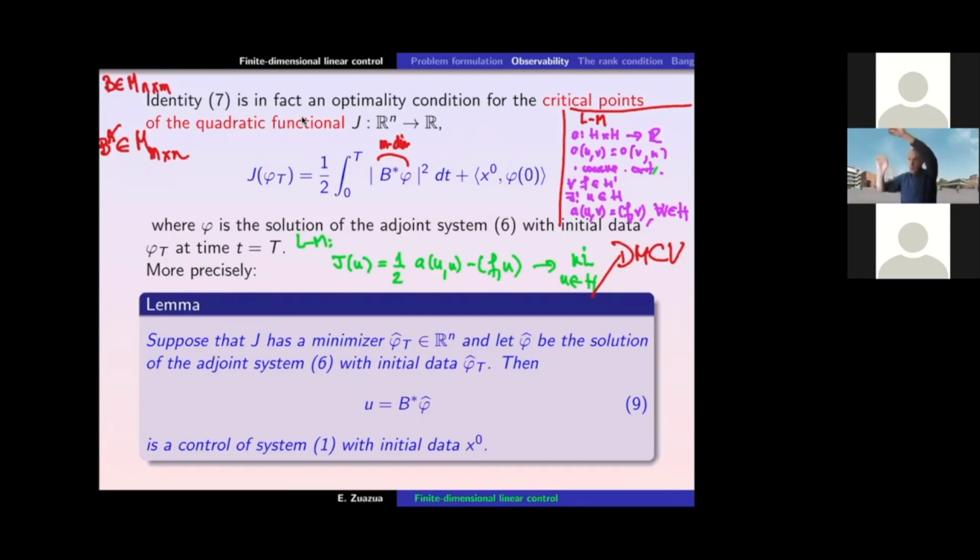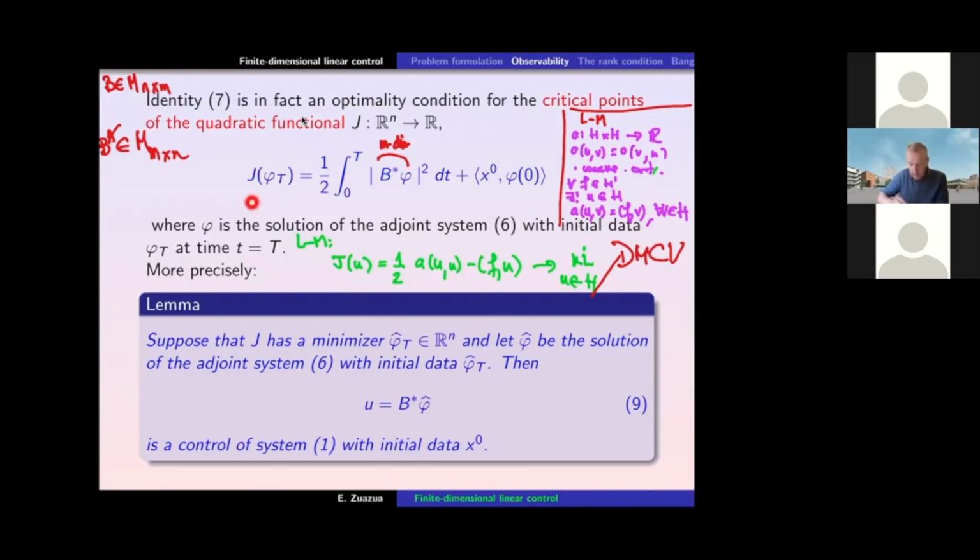You don't see each component, you just see a linear combination of all of them, right? Okay. Then you cook this quadratic term here. And this is the functional I claim I have to minimize, right?